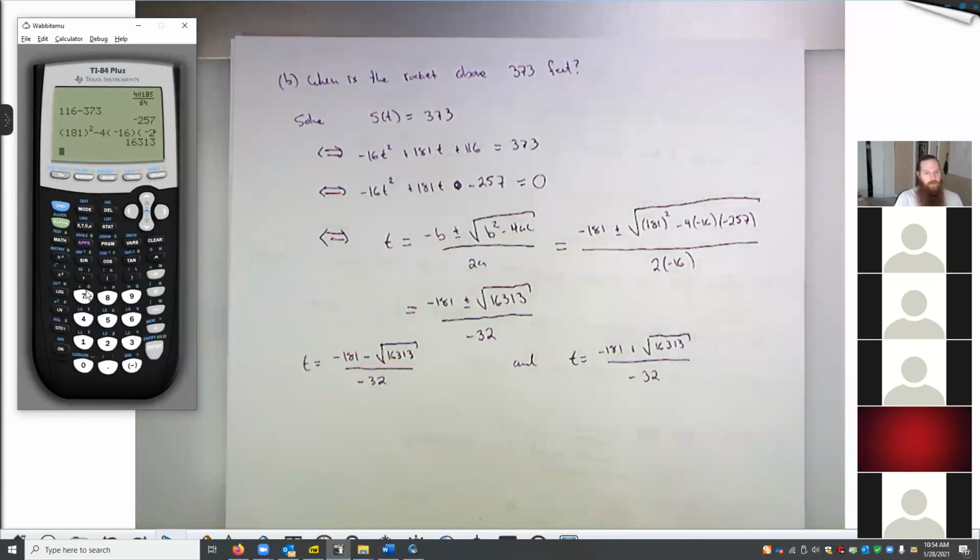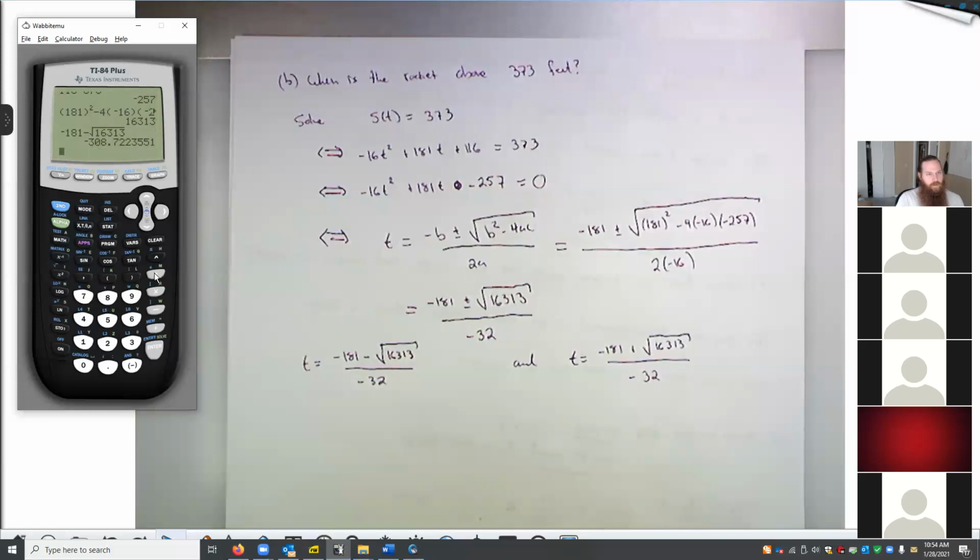So let's crunch these out now. I have my numerator, I'll just calculate on its own, negative 181 minus the square root of 16,313.